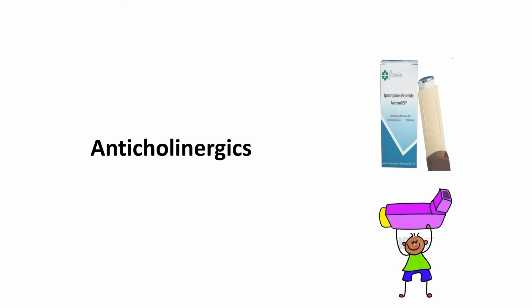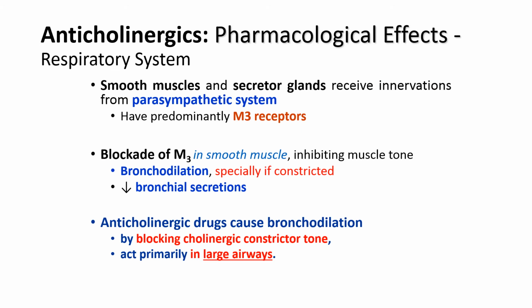Now let us first start with the anticholinergics. Now we all know the basic aspects related to the anticholinergics or related to the parasympathetic system. We know that smooth muscles and the secretory glands receive innervation from the parasympathetic system, and they have predominantly M3 receptor innervation.